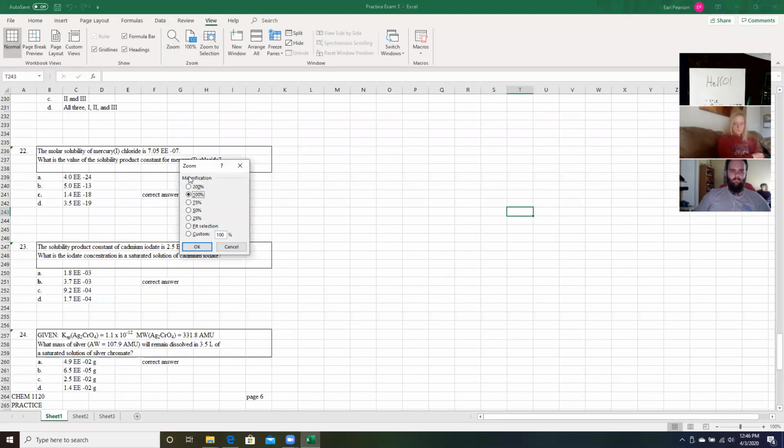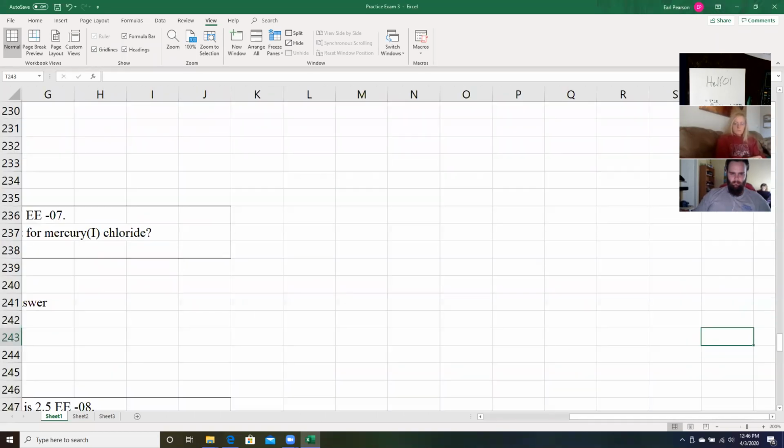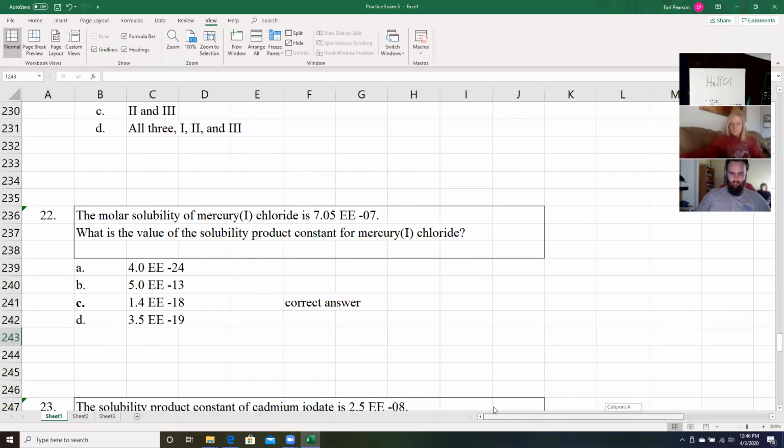I think I can get to 200, and it'll only maybe show one or two questions on your screen, but it'll be big enough to read if I get it put over there like that. So that should make it so that you can see everything in there. Right now you should be looking at number 22 on the practice exam, big enough to see what you're doing.